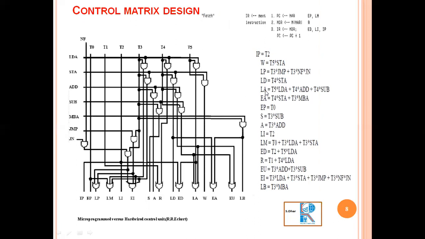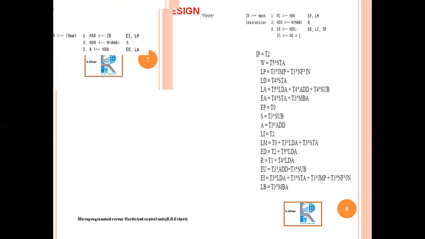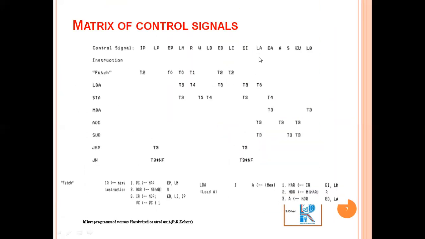Now suppose LA. When should LA be high? LA should be high when LDA is high. That means LDA is T5, add is T4, and subtraction is T4.